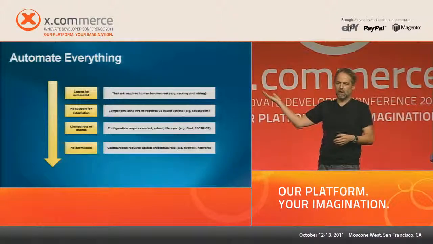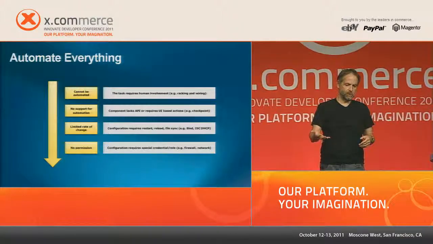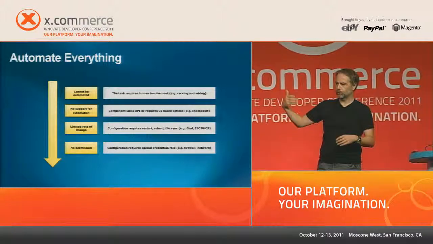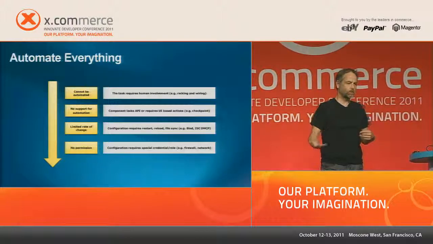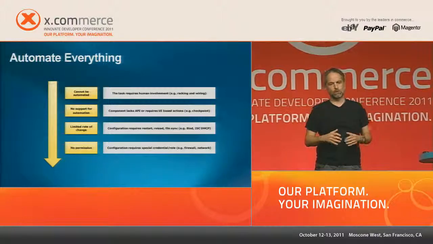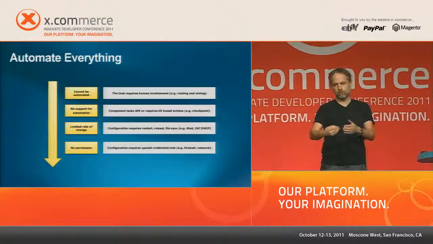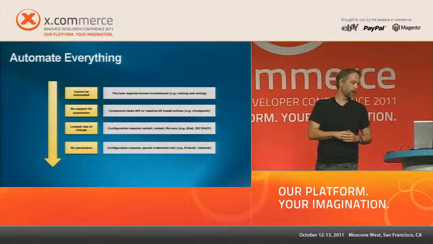ISC DHCP is a good example of that. In order to change the DHCP configuration, you have to edit the configuration file and tell the DHCP process to reload the file. And you cannot do many changes because of those locks that you have to build in. So we are also looking at replacing those components with tools that are directly configured through an API and not through a file.